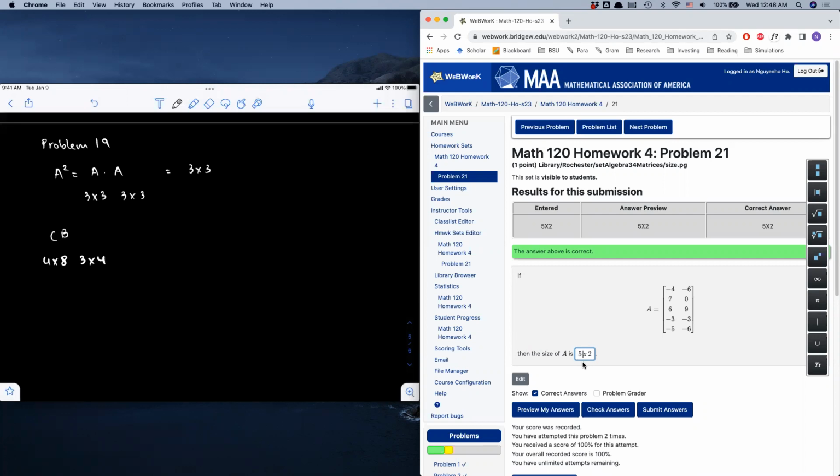I know it's a little bit frustrating with web work because they have a different style of entering the answer. So for this particular problem, they have no spacing between the number and the x value. Right? So 5 by 2 matrix. And when you submit the answer, that should be the answer. All right, so be careful when you enter the answer.